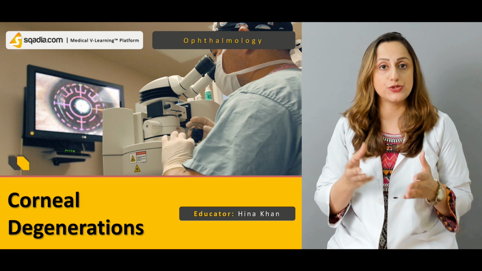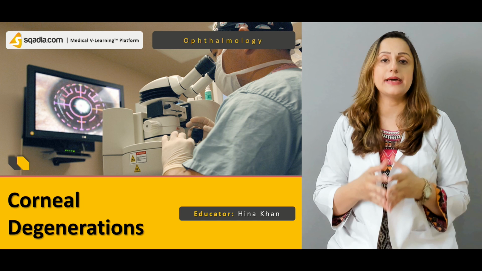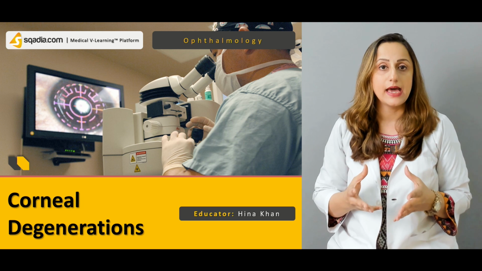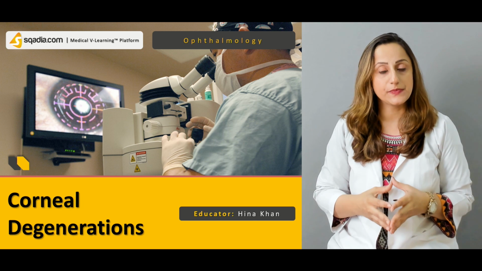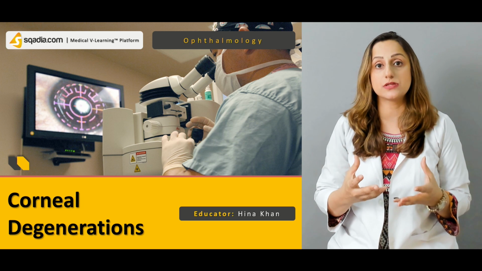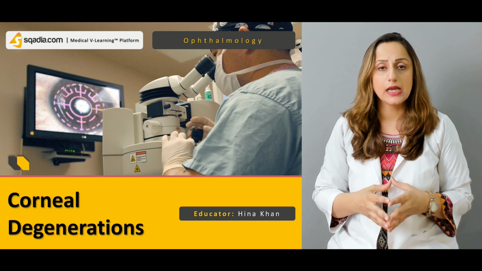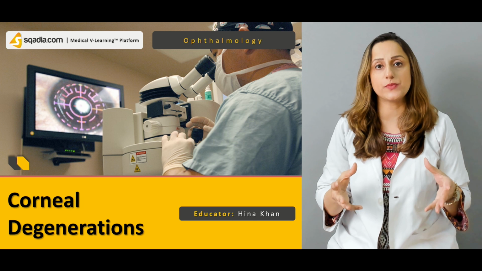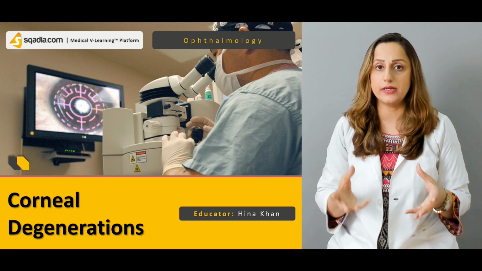We know that there are a lot of systemic infections and systemic conditions that can even manifest as a degenerative process at the corneal level. It can be infections and inflammations of the primary level occurring only at the cornea, or it can be secondary infections from neighboring structures that invade the corneal epithelium.